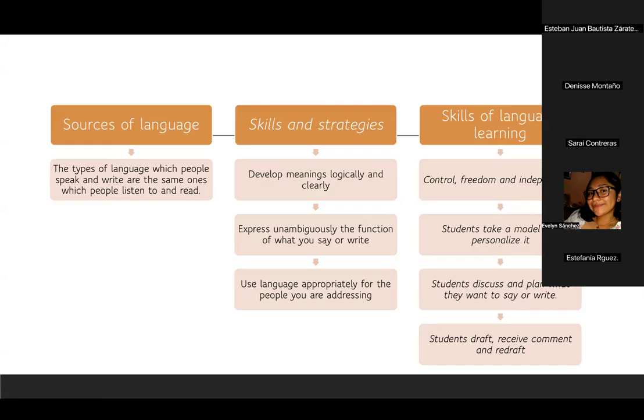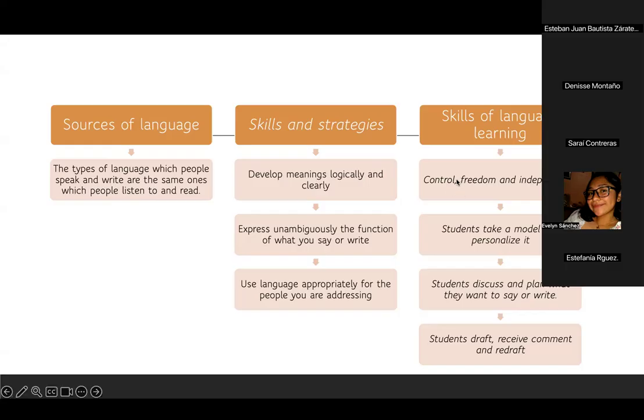This is commonly for beginners when you have a conversation model and then you ask students to produce a conversation similar to the one you could see on page 7 of your textbook, or similar to the one we saw at the beginning of the lesson. You need to change some aspects. This is an example of how students take a model and personalize it.